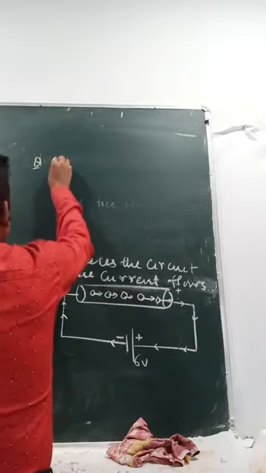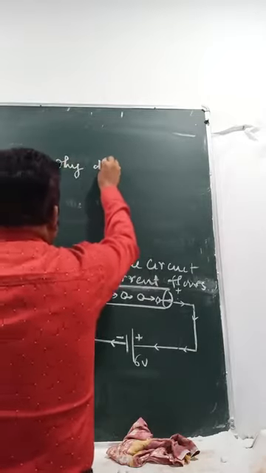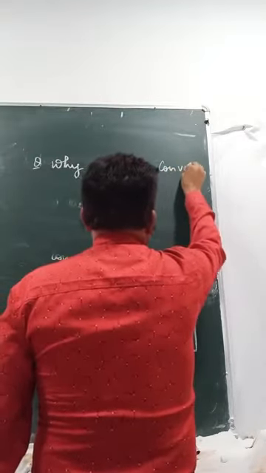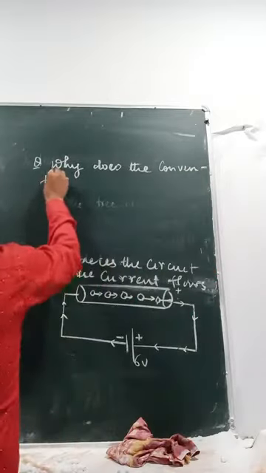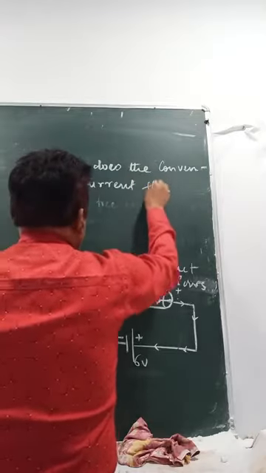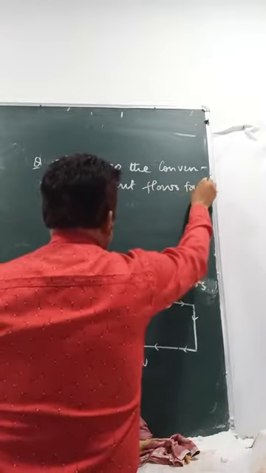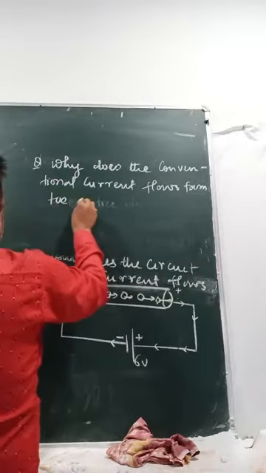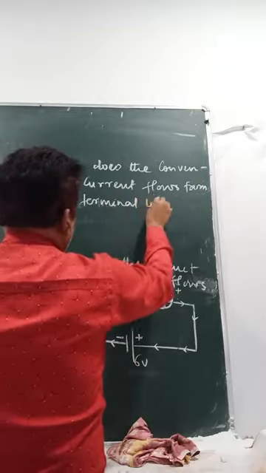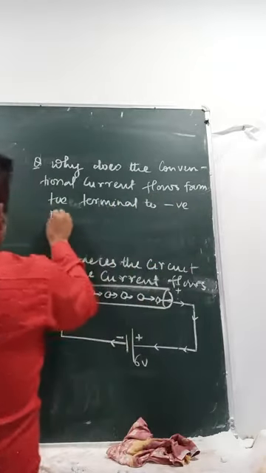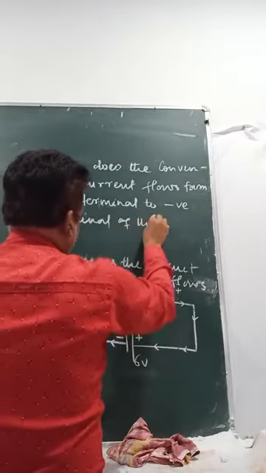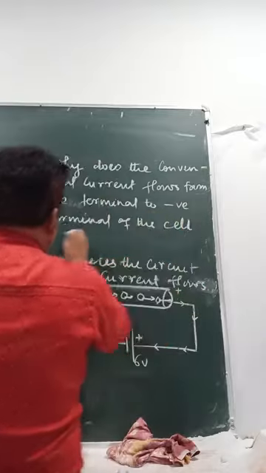Question is, why does the conventional current flow from positive terminal to negative terminal of the cell through the conductor?